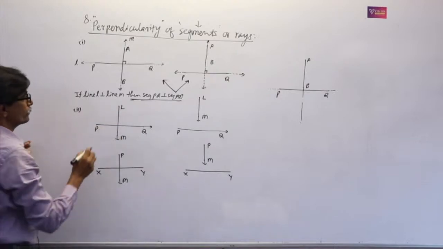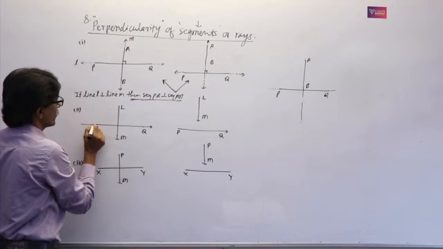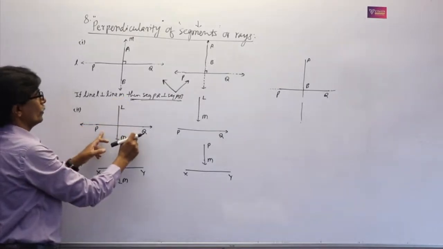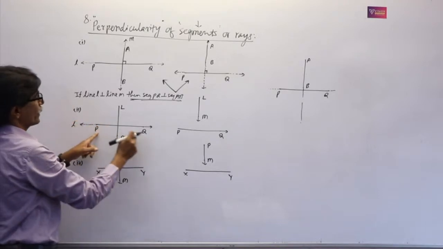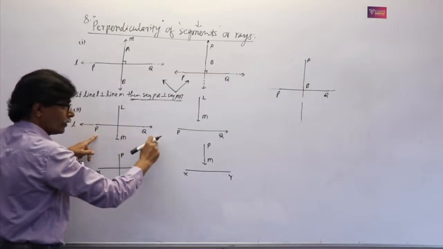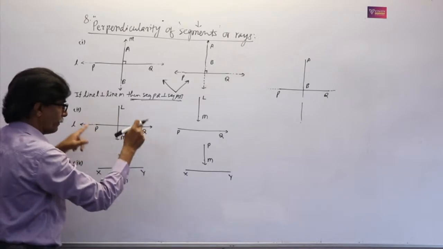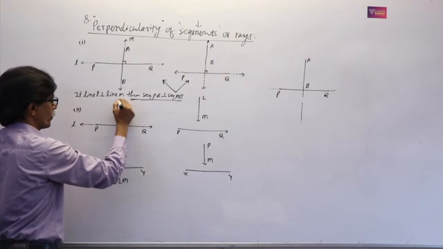Now look here. Two rays are said to be perpendicular to each other if the lines containing them are perpendicular. Ray PQ is a subset of a line, suppose L. There is a line containing ray PQ, and there is a line containing ray LM also.